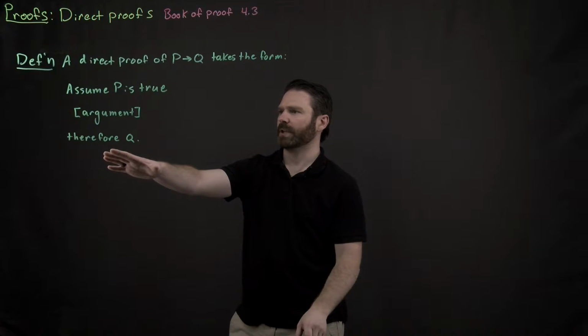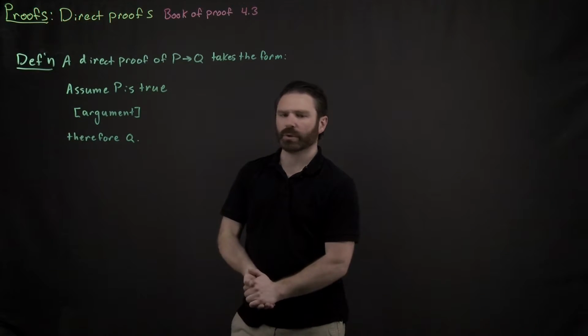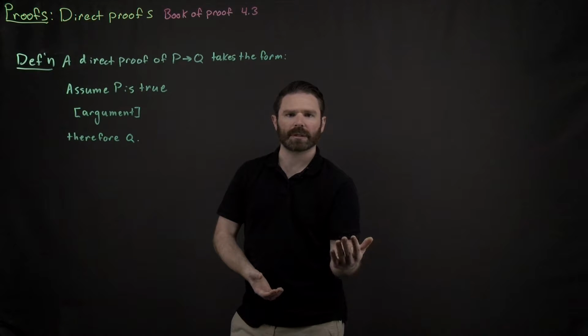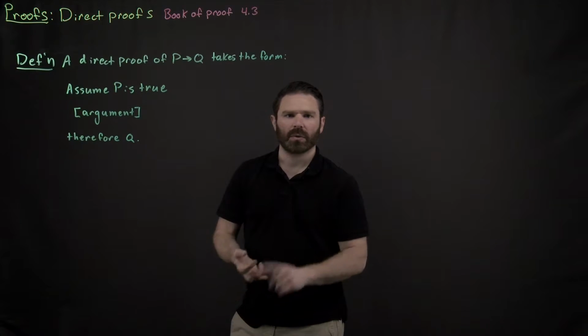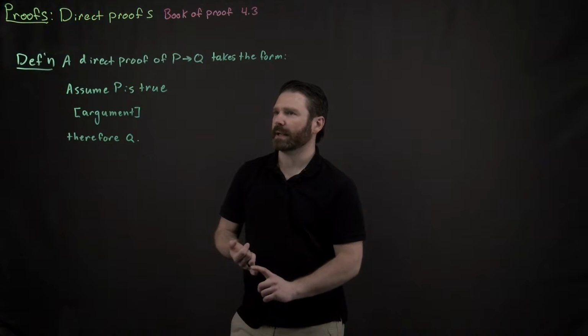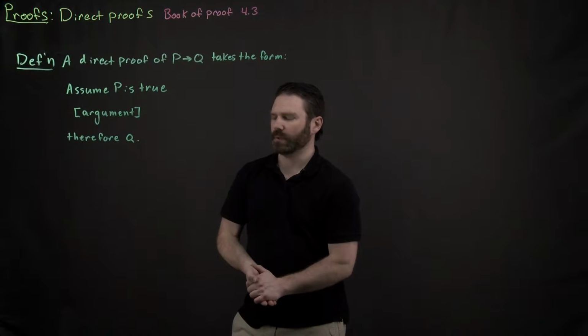So here we go, that's our definition. We assume P is true, we make some sort of argument using logic or math or English statements, and then that allows us to conclude that Q is true.